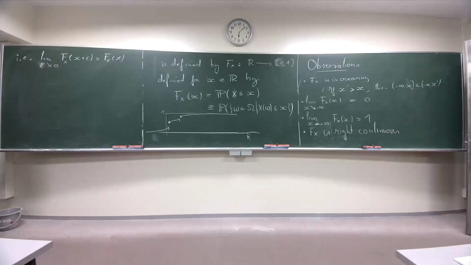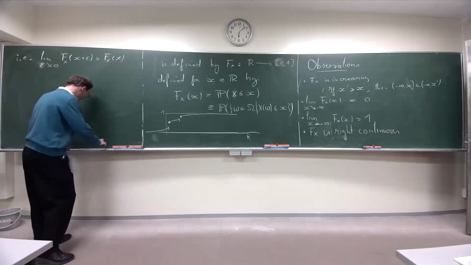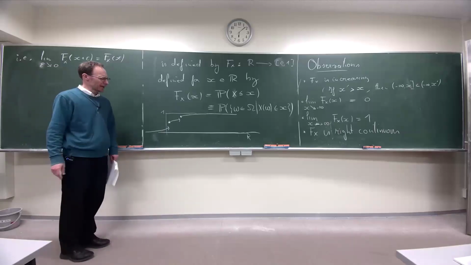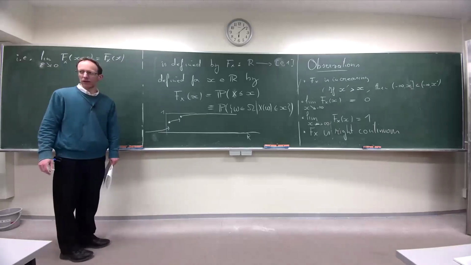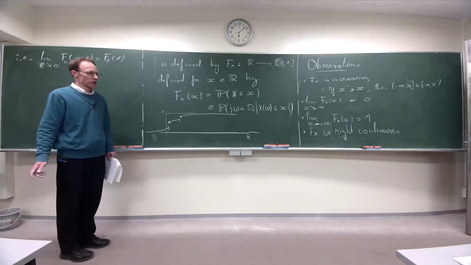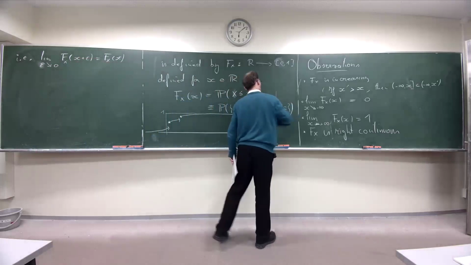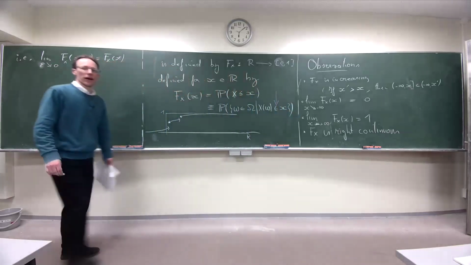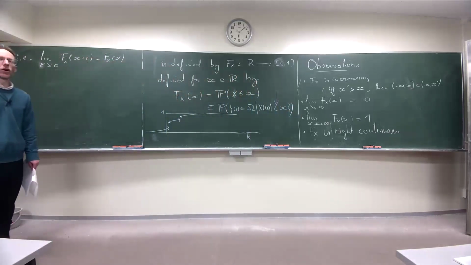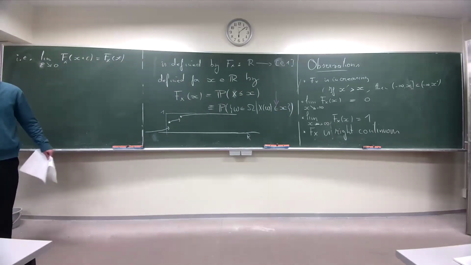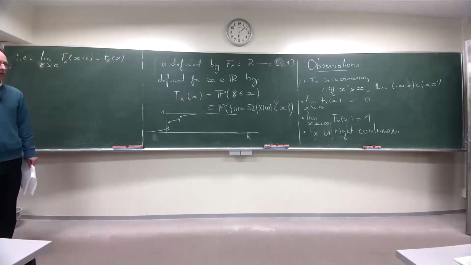How to prove it? And before I give the proof, you can wonder why it's asymmetric, why we have right continuity and not left continuity. The key point is here. We are taking something smaller or equal, and the equality is included. We will see that it's because of this that we have right continuity.